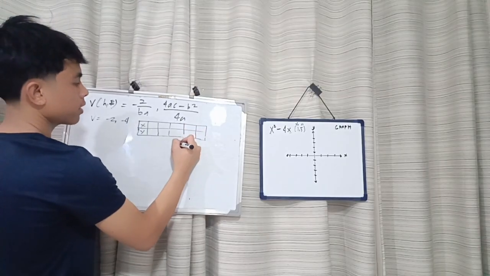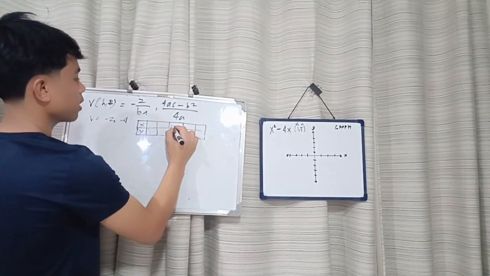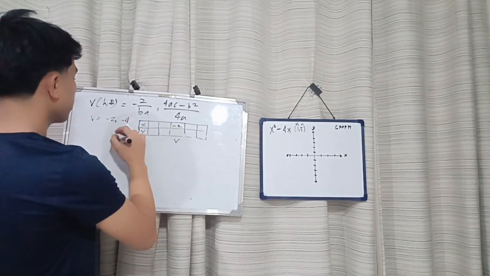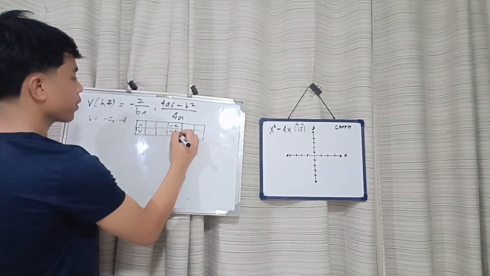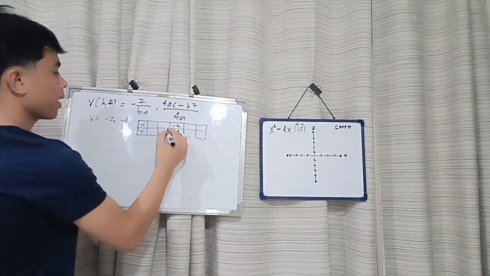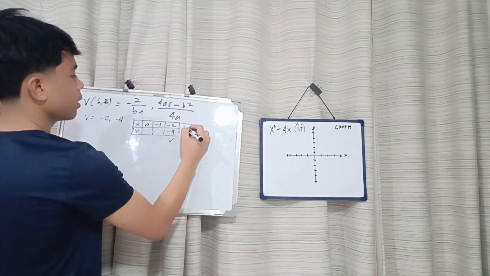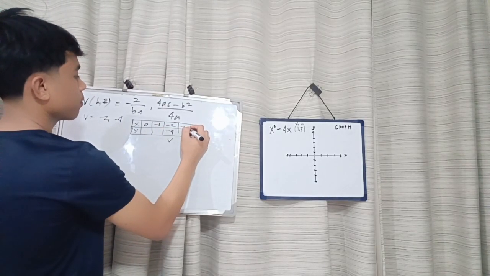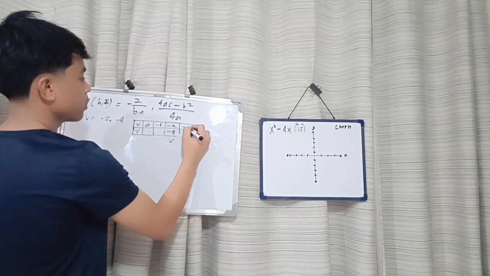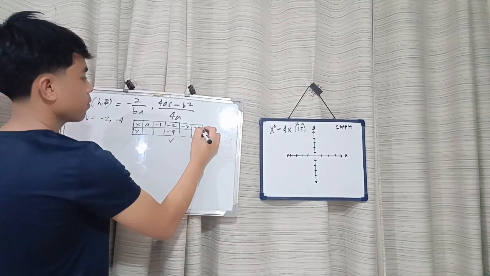Since this is our vertex, we use negative 2 and y will be negative 4, then negative 1 and 0, and negative 3 and negative 4.